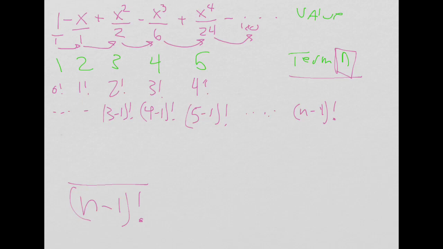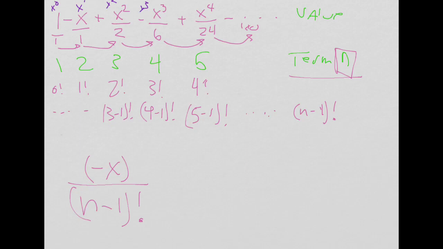So we need to represent that with a negative x there. But again, what does our power need to be? Well, look at your pattern. X to the 0 is like our first one. X to the 1 is there. X to the 2 is there. X cubed is there.